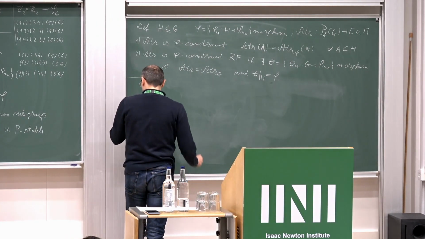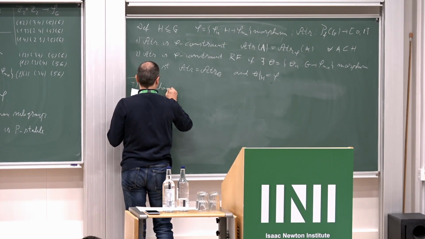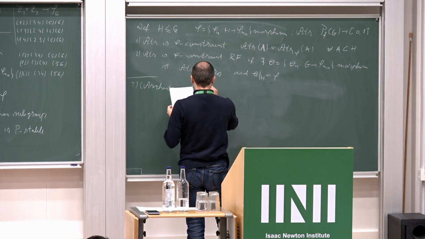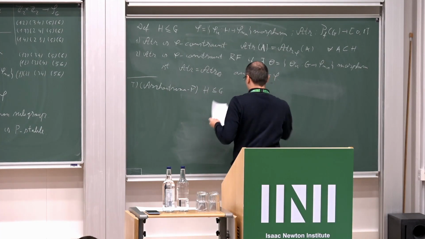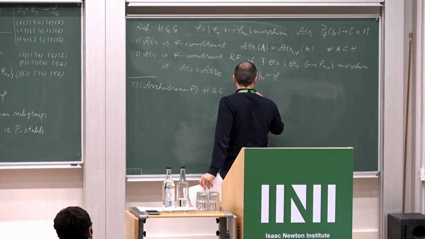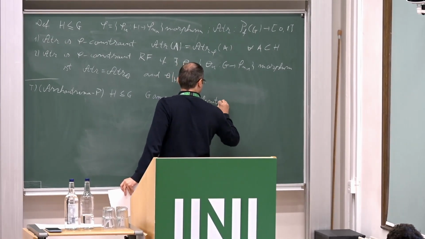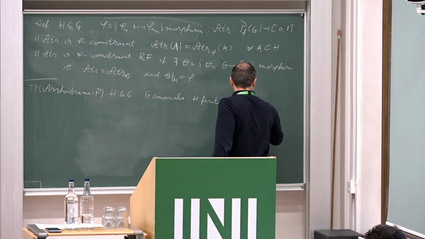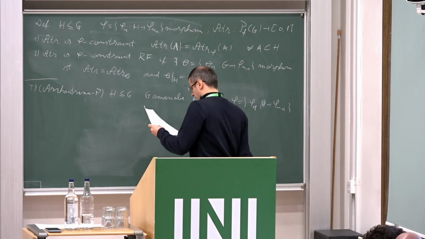And the theorem that you can prove is that if you have a pair of groups, G amenable and H finite, take your prescribed phi from H, a morphism.